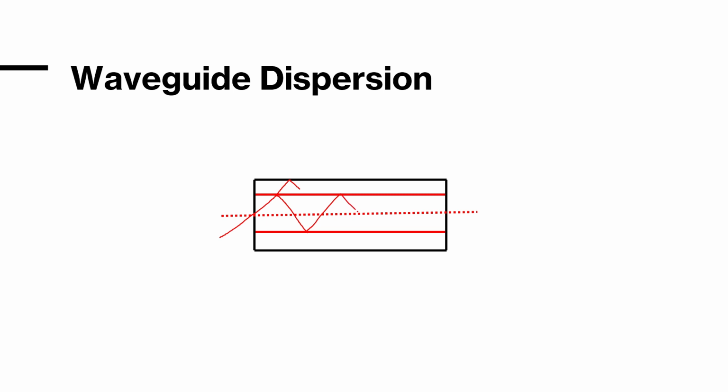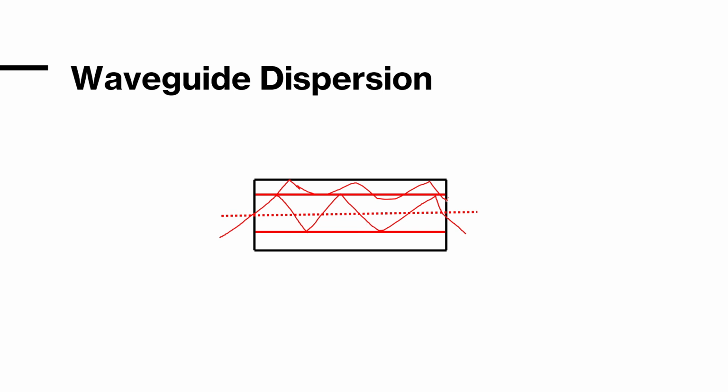Suppose the light signal is passing like this in the core, and in the cladding it is like this, and its speed is greater than the speed of the light signal in the core.